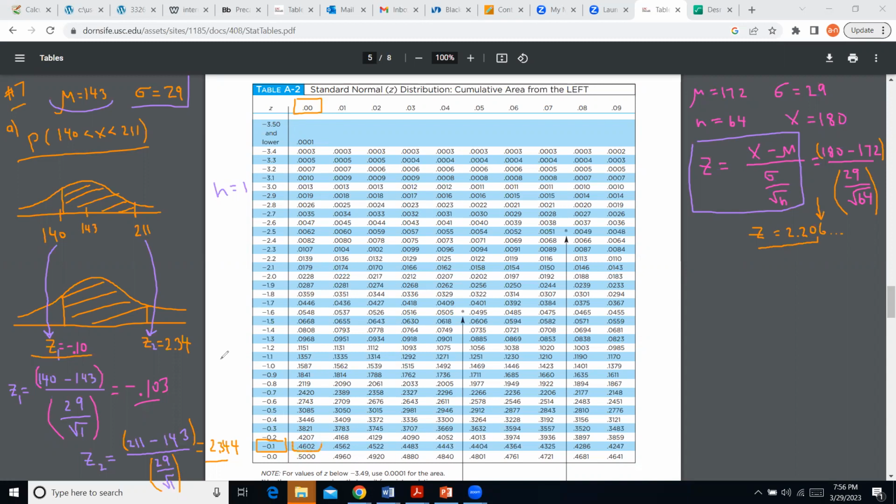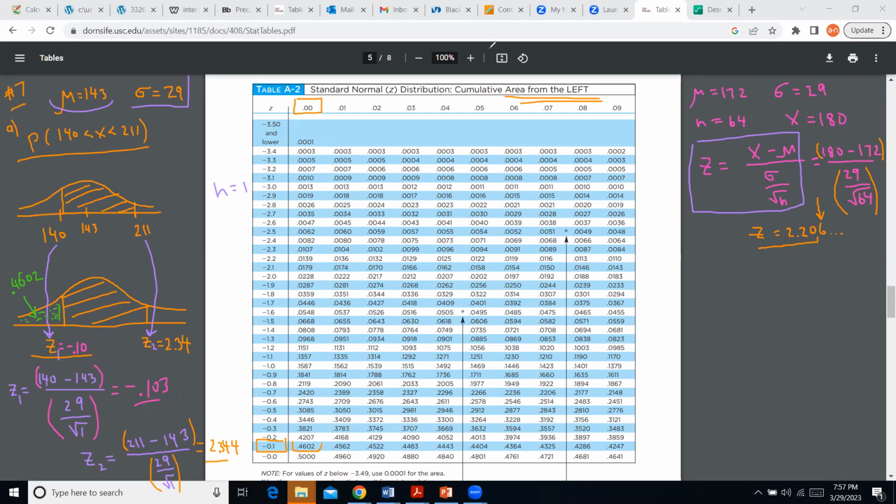So 4602 is the usual area from the left side, and therefore I'm going to be able to put this here, 0.4602. So the little tail, people say, is found, and now I need to find the other region, the bigger one, right?